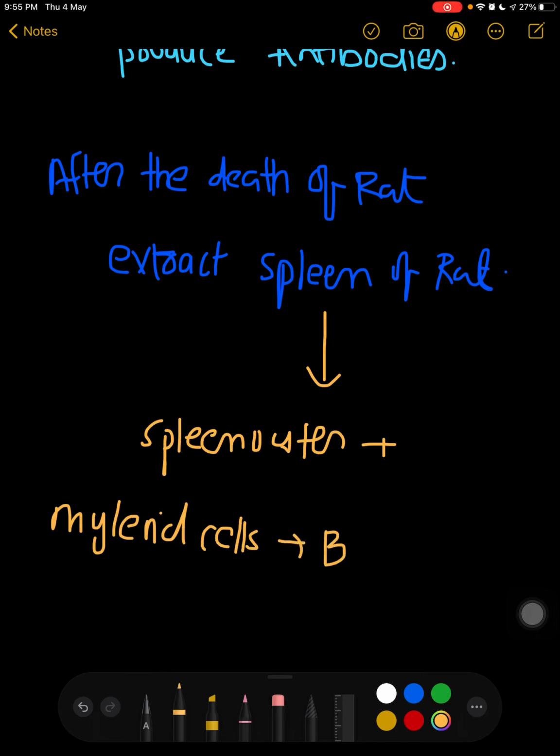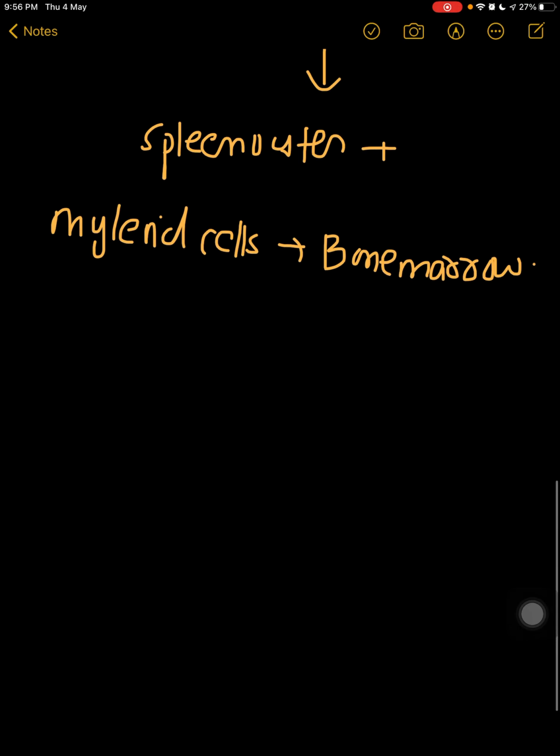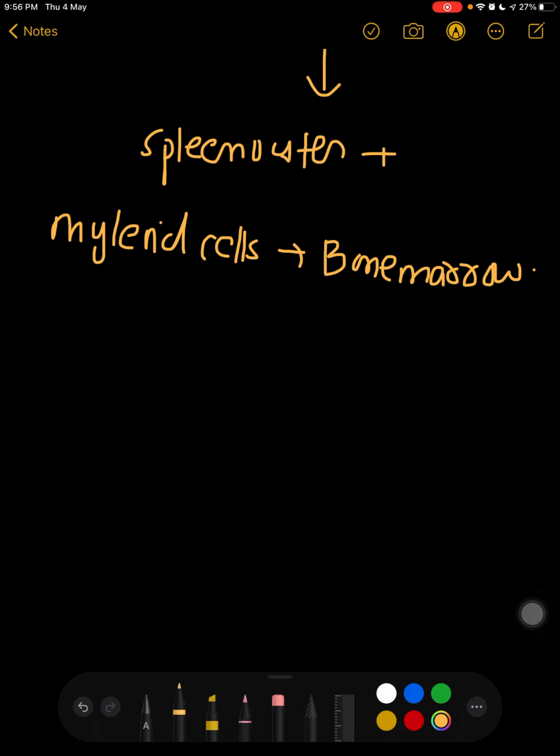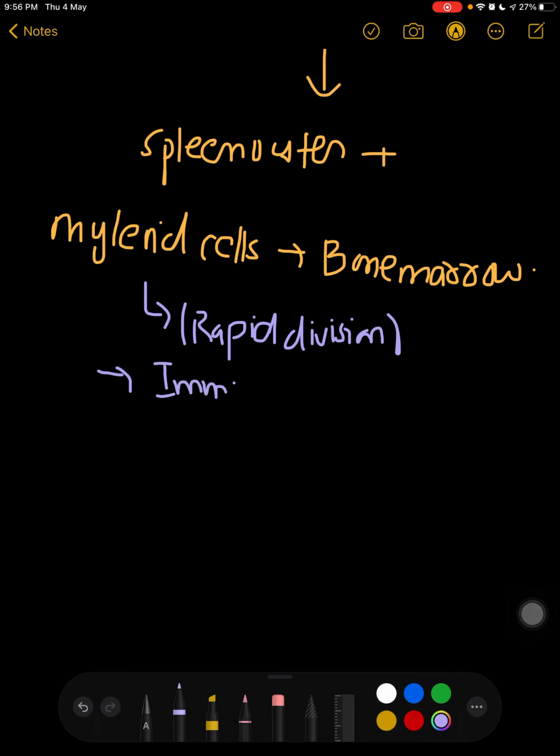cells from the bone marrow, and splenocytes, or you can say the plasma cells, from the spleen. Now, why have we chosen these cells? Basically the splenocyte has the capability to produce antibodies, and the myeloid cell has the quality of rapid division. Moreover, these myeloid cells are immortal cells.